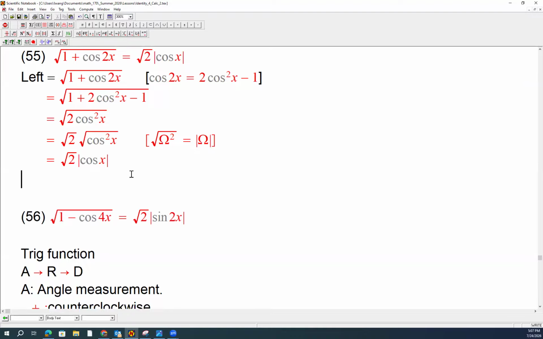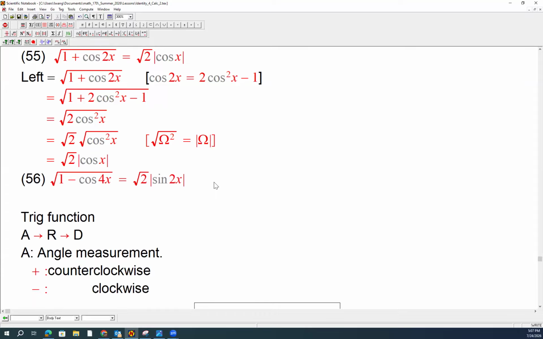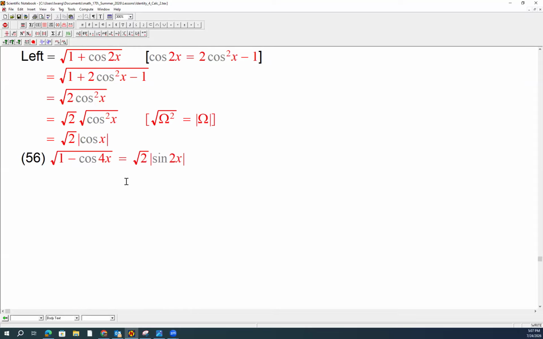Last, for double angle, right? Cosine double angle formula. So this time the left-hand side equals this piece, 1 minus cosine 4x.